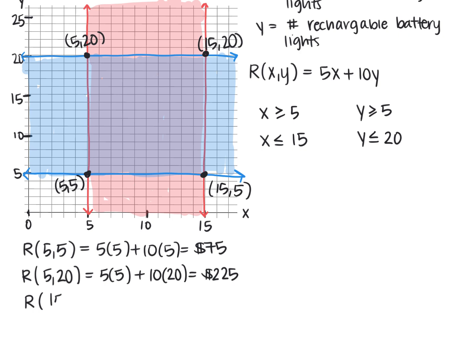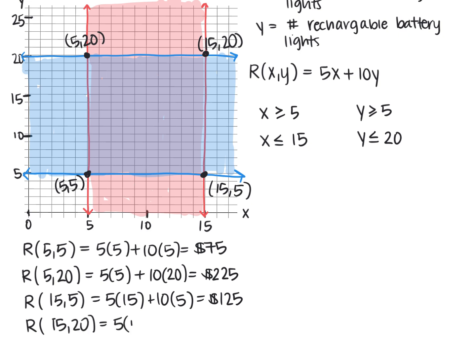Then we'll check the point (15, 5), which is 5 times 15 plus 10 times 5, which is $125. And then lastly, the point (15, 20), which is 5 times 15 plus 10 times 20, which gives us $275. So in looking, obviously I get the most money with this last point.